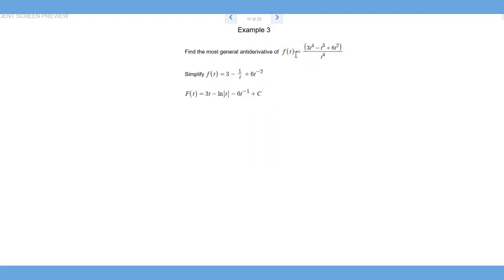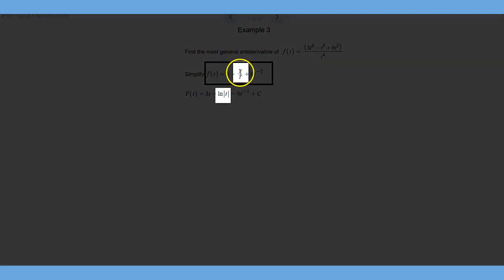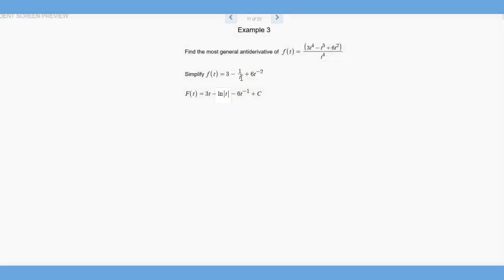So here's another example to find the most general antiderivative, again, of this function. So we'll simplify it. And here we can apply what we just learned about the exponent being -1. So we will find the antiderivative of 1 over t is ln of the absolute value of t.